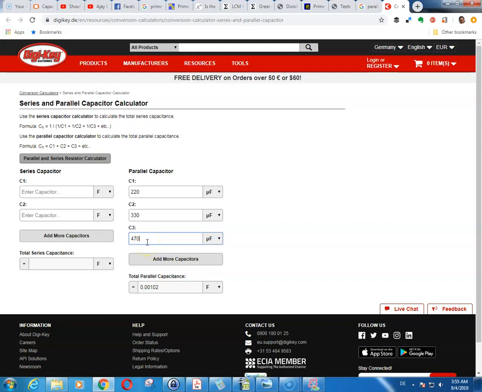Yes. So the total parallel capacitance would be 0.00102 farads. Okay, and if you want to get in microfarads, it would be in parallel, right? 220 microfarad.